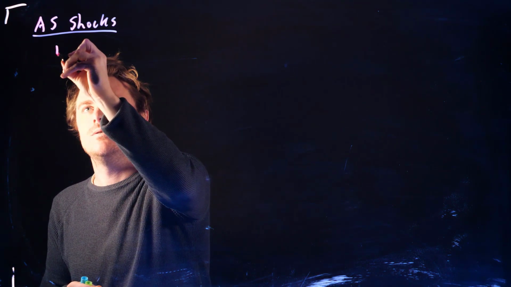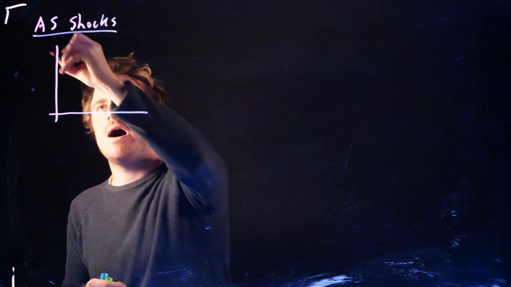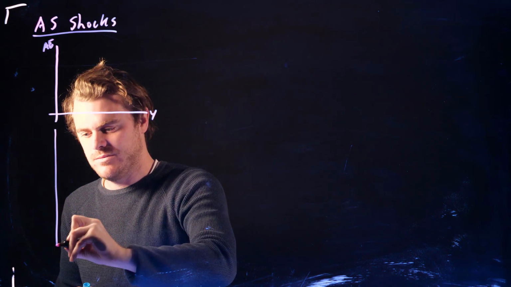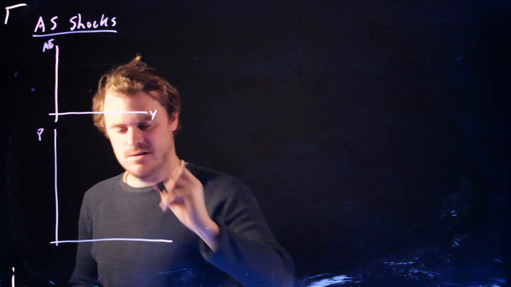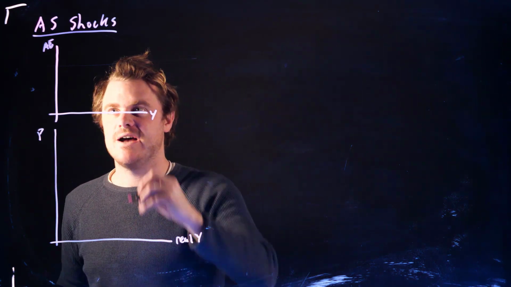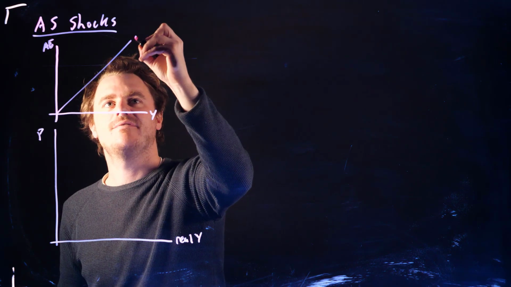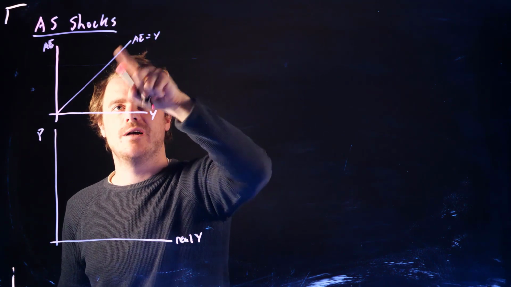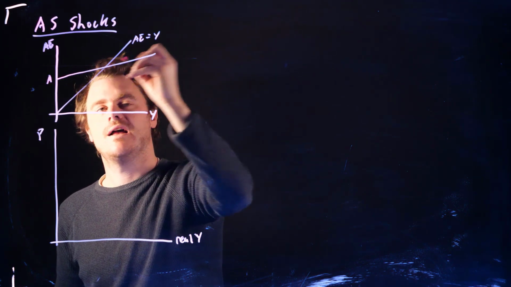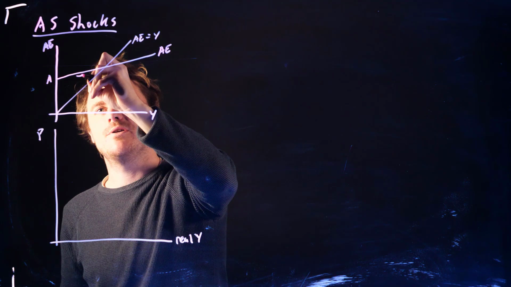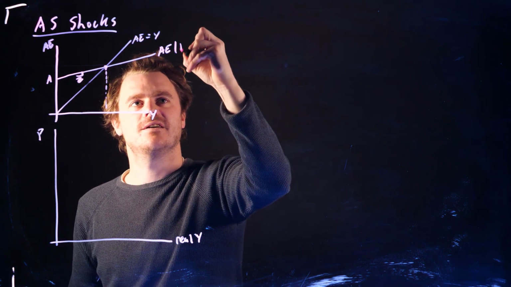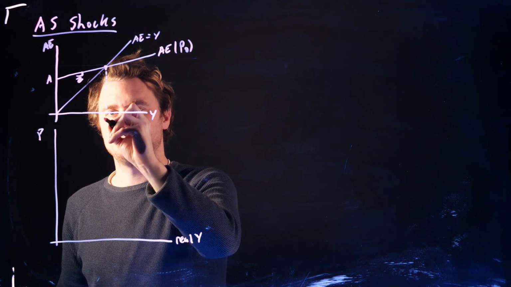So again, we can draw our AE and our Y curve, the demand side of the market up here. We can draw our real Y and our price level diagram down here. That 45-degree line with equilibrium in this expenditure side of the economy. Here's our AE curve with an intercept of capital A and a slope of Z. Let's say that's a P0 right now.